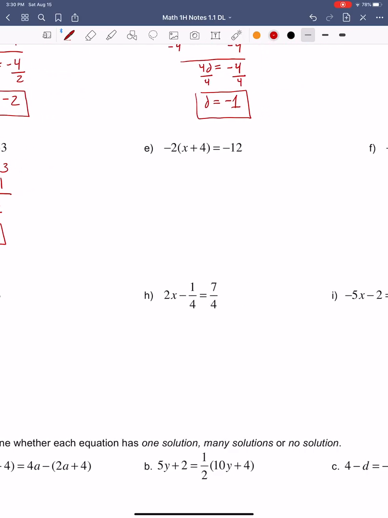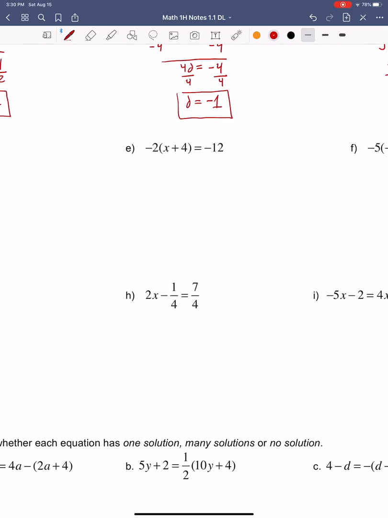We'll keep going to letter E. Same idea here, right? We've got some distribution, so I'm going to start there. Distribute the -2. So I get -2x. -2 times 4 is -8 equals -12. Go ahead and get rid of this -8 by adding 8 to both sides.